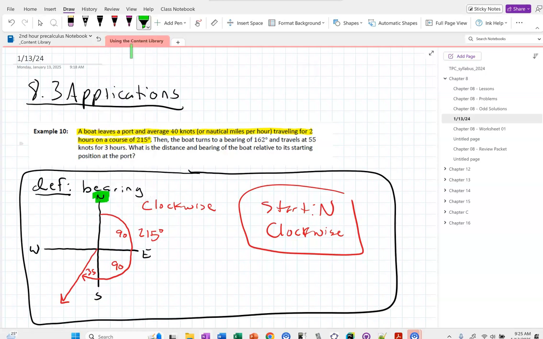And then I have the same boat with a new bearing, a new speed, and a new time. The first thing I'm going to do is give these two different legs of my journey a name. I'm going to say that the yellow is going to be U and the green is going to be V.